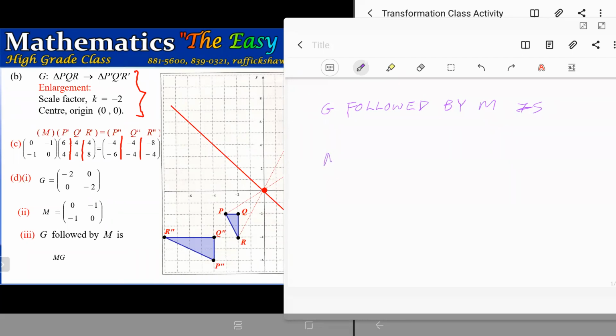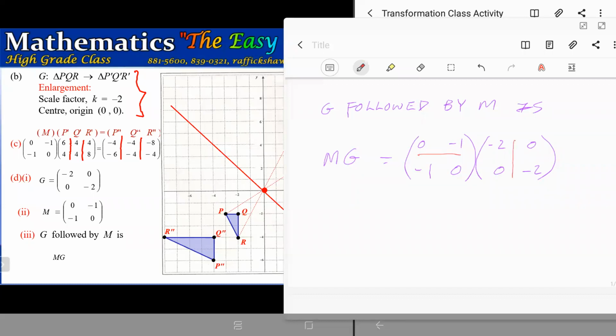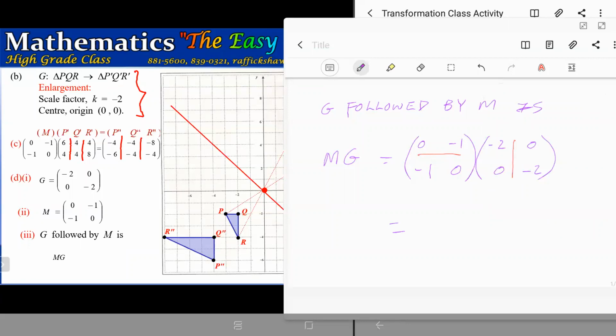You multiply the M matrix, which is 0, -1, -1, 0, by the G matrix, which is -2, 0, 0, -2, the normal way, rows by columns. Your answer is going to be a 2 by 2 matrix.